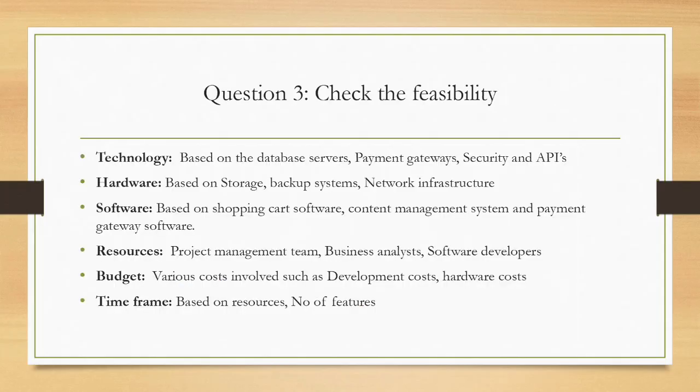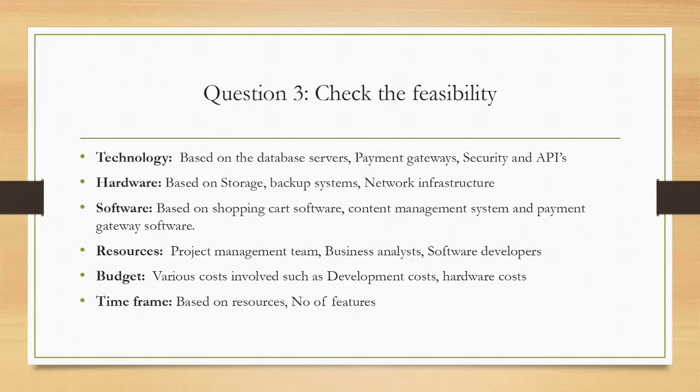Okay, and then coming to the next question, check the feasibility study. The feasibility study is, in a simple way, before taking this project, we will be checking whether this project is viable or not, whether it is suitable for our organization. We will check in terms of technology, hardware, software, resources, budget, and time frame.